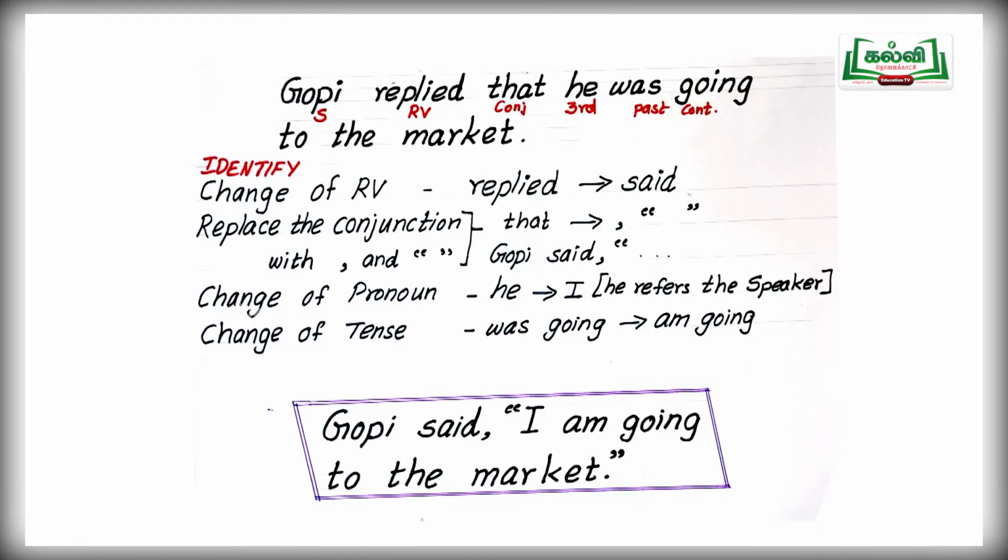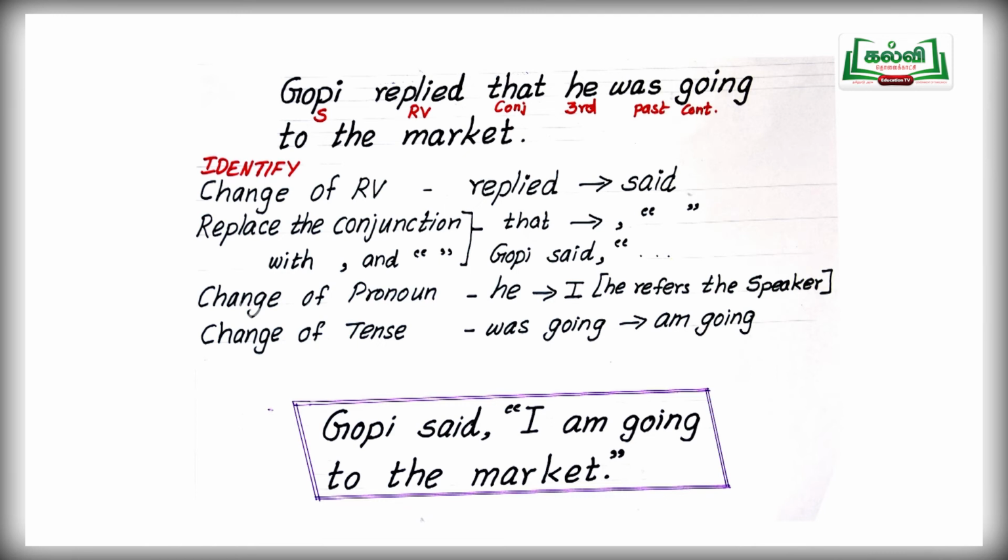The second example is: Gopi replied that he was going to the market. Identify: speaker Gopi, replied is the reporting verb, "that" is the conjunction, "he" is third person, "was going" is past continuous. Change of reporting verb: "replied" becomes "said".